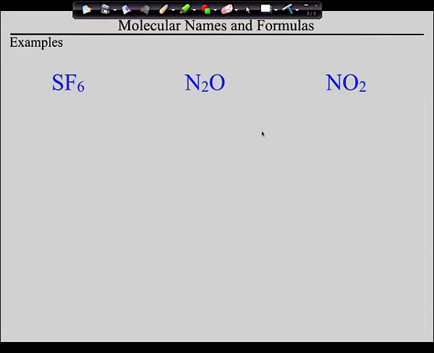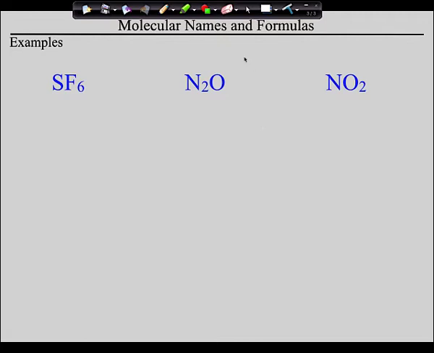So mononitrogen? No, because now it's first and we only have one, so we don't put mono. So it would be nitrogen. And then how many oxygens? Two. What's the prefix? Di. So it would be dioxide. Okay, there we can keep the vowels together because we're not going to call it doxide, and we keep them together because it sounds better. So that would be dioxide.